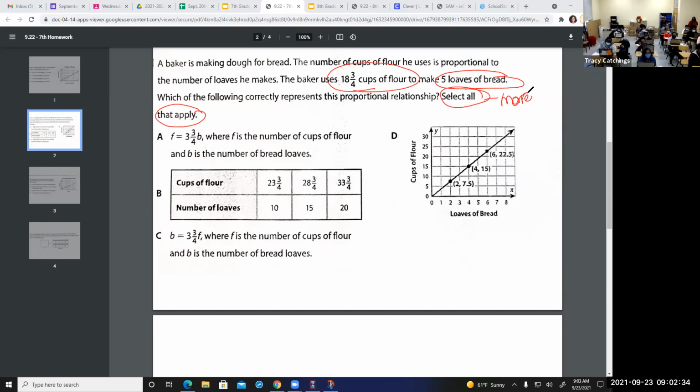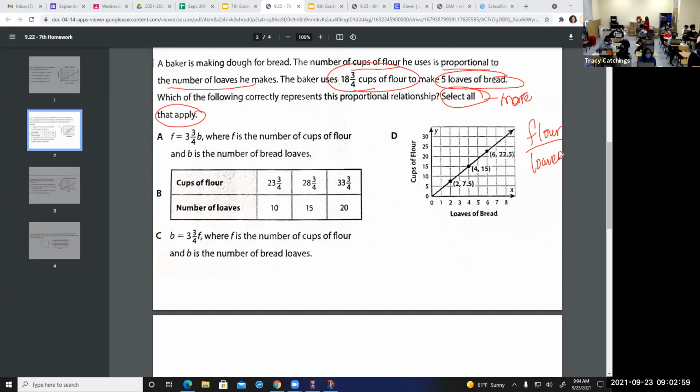Go back to that first sentence. They told us something is proportional to something. Number of cups of flour is proportional to what? So that would have been flour to loaves. If that's the case, what's x and what's y? You sure the x is the flour?